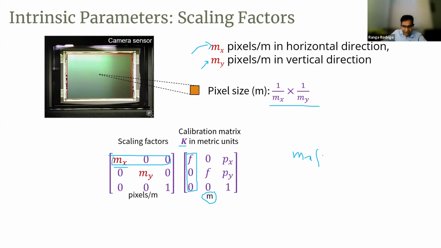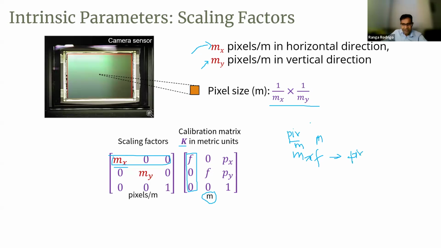When you have mx times f, f is in millimeters and mx is in pixels per meter, you can see what results: the unit that we get will be in pixels. Right?